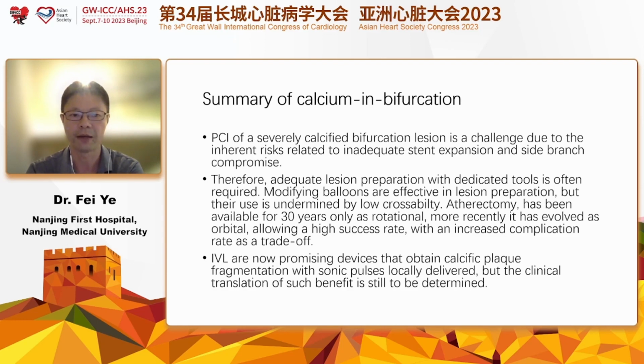Atherectomy has been available for 30 years, as ROTA, or more recently as orbital atherectomy, allowing a higher success rate with an increased complication rate. IVL is now a promising device that fractures calcified plaque with sonic pulses locally delivered, but the clinical translation of such benefit is still being determined.